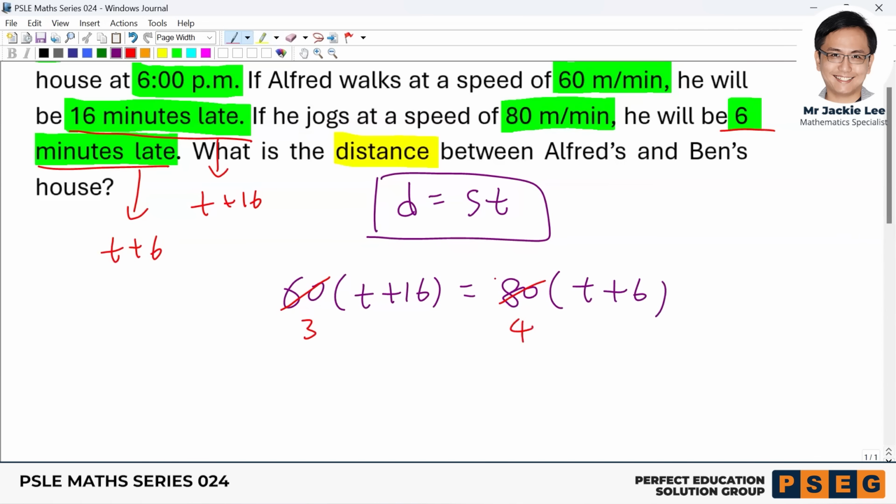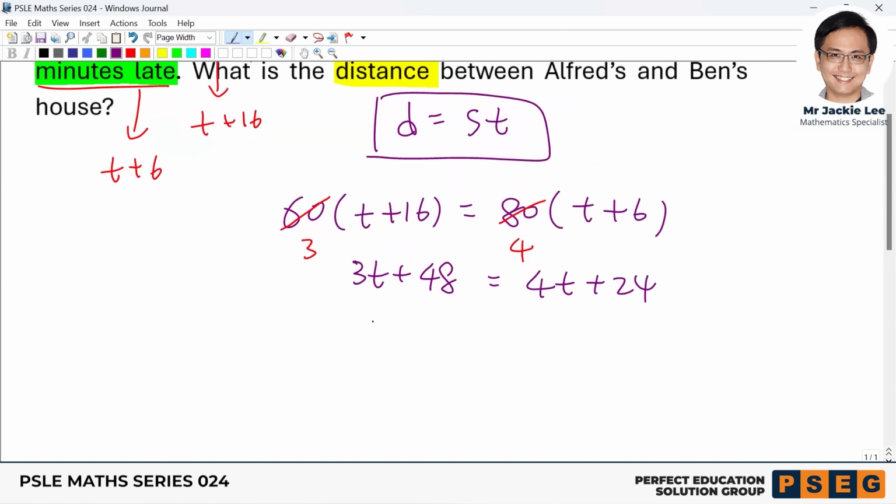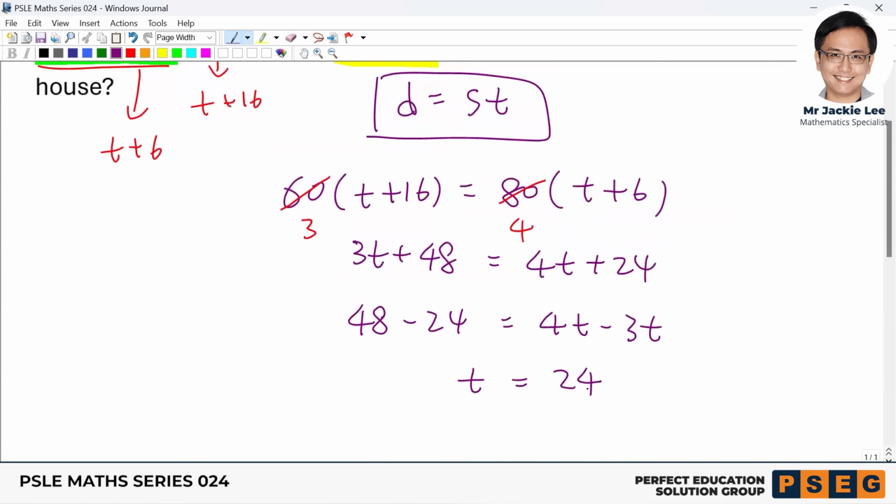After that, we get 3T plus 48 equals 4T plus 24. Then we do the shifting. 48 minus 24 is 4T minus 3T. So we write T back on the left side. T should be 24 minutes.